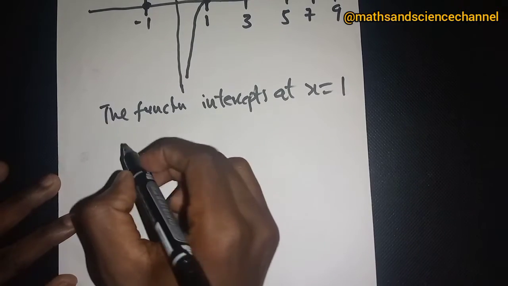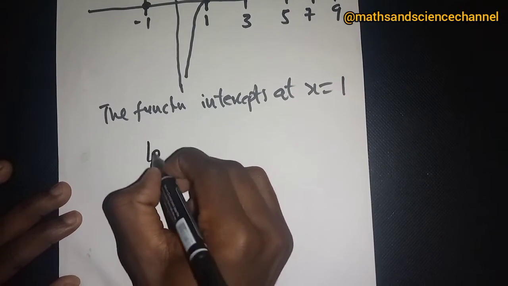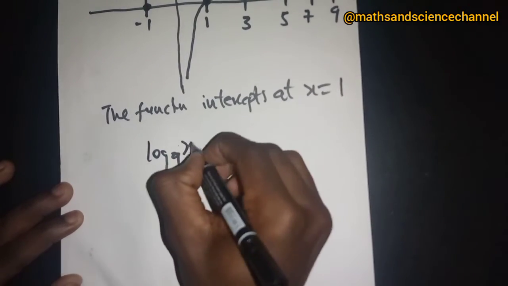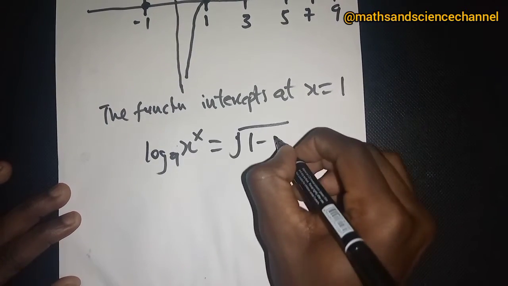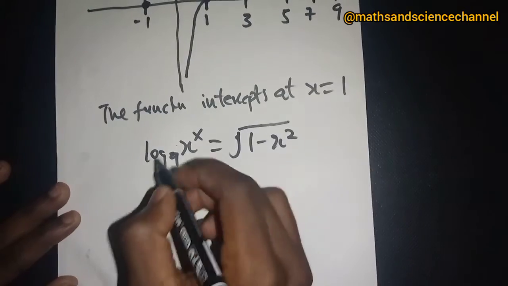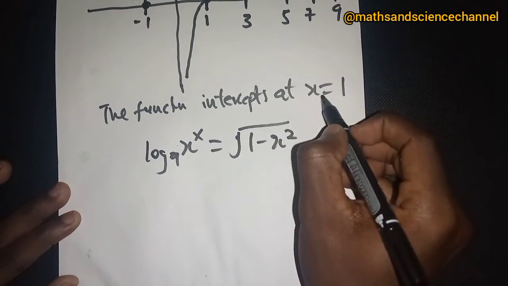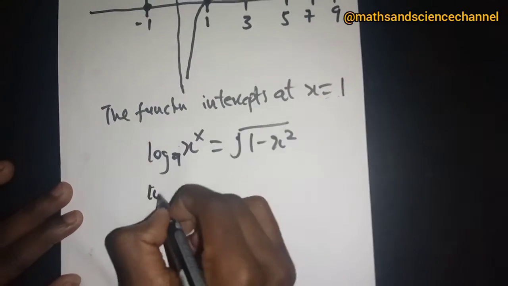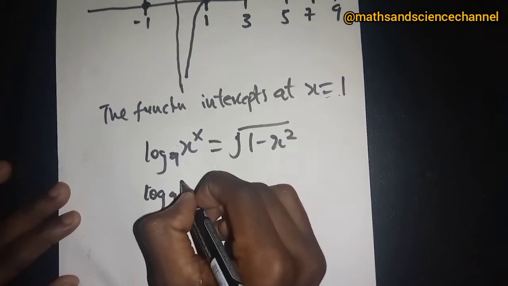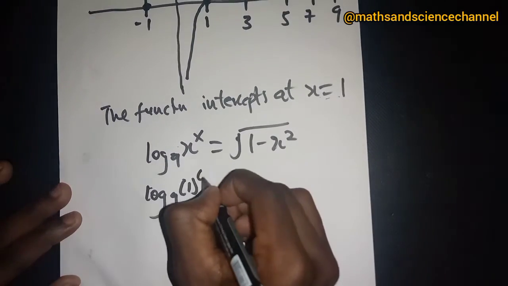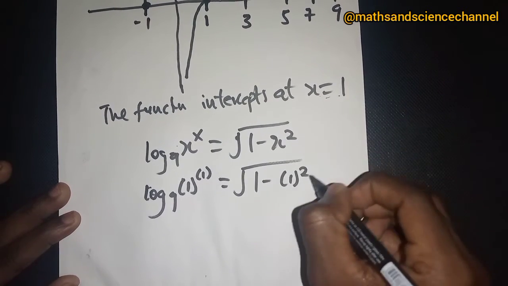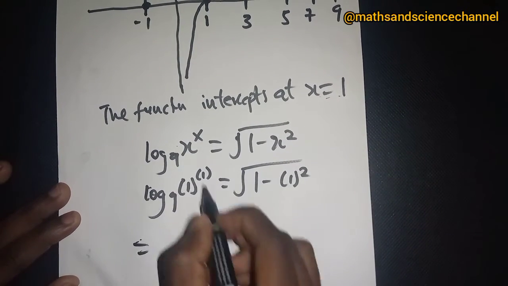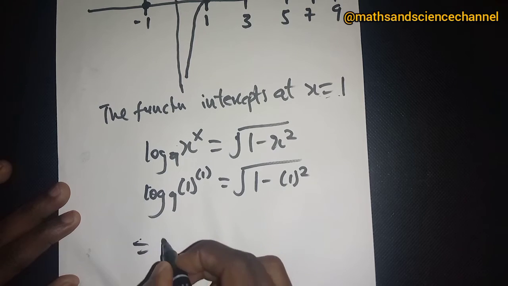So we have log base 9 of x being equal to the square root of 1 minus x squared. When x is equal to 1, we have log base 9 of 1 being equal to the square root of 1 minus 1 squared.